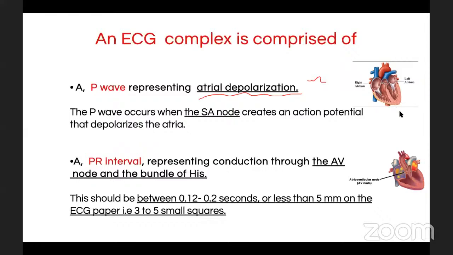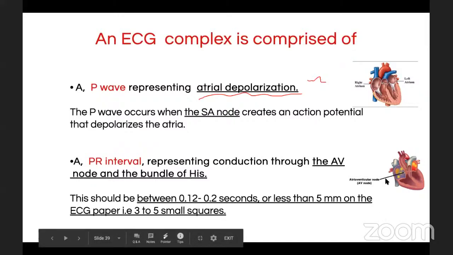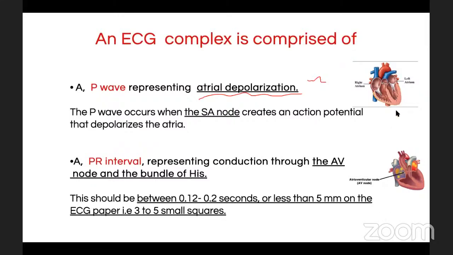The P wave occurs when the SA node creates an action potential that depolarizes the atria. طيب يعني SA node تعطينا action potential ويصير في depolarization of the atria ويطلع لنا ال P wave.